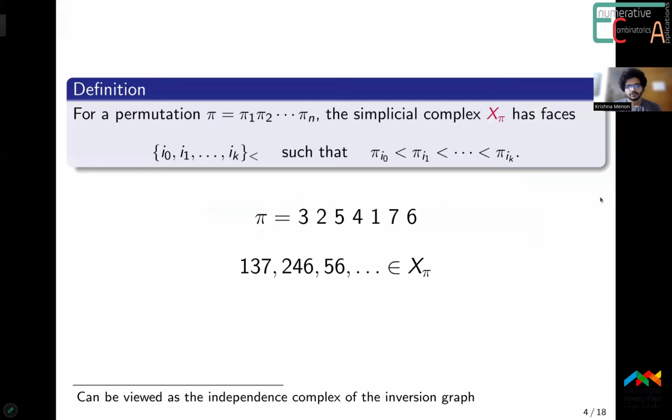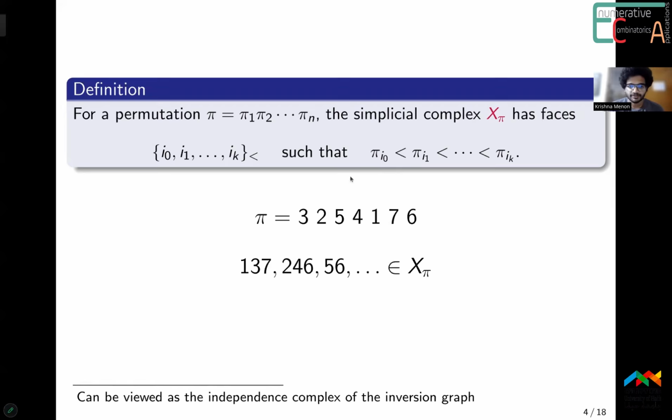Okay. So the simplicial complex that we'll be looking at, the way we define it is as follows. You start with a permutation pi, written in one-line notation as usual. The simplicial complex X_pi will have faces that correspond to increasing subsequences of pi.